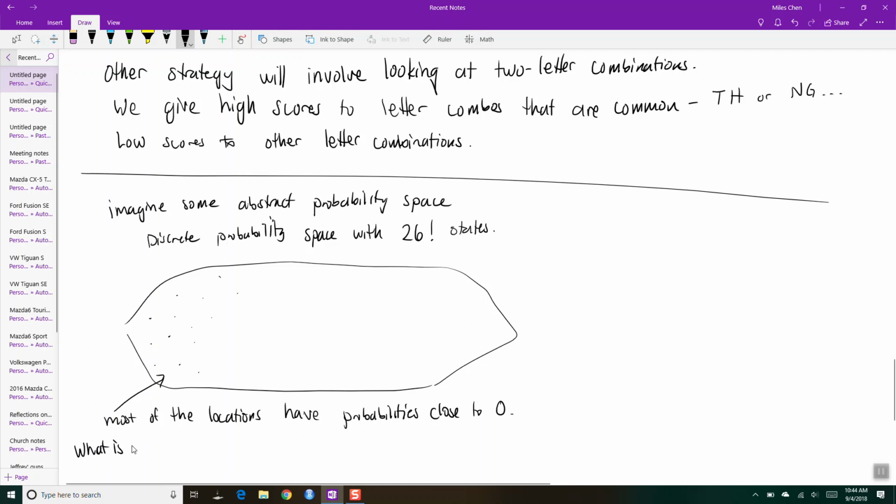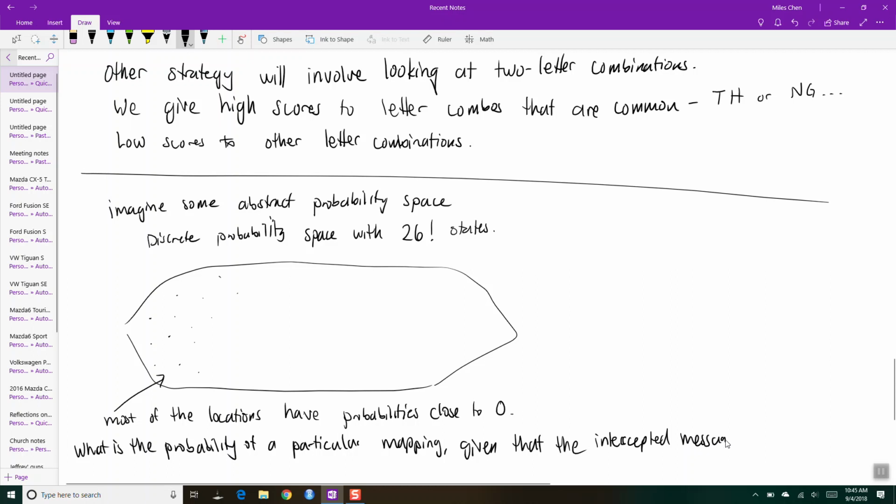What is the probability of a particular mapping given that the intercepted message is D?